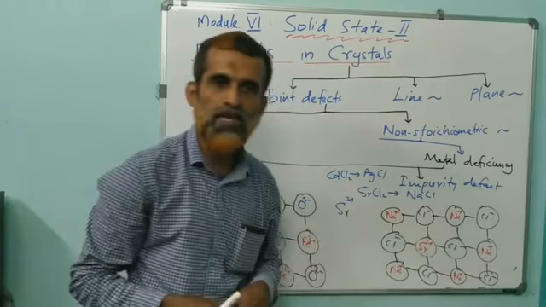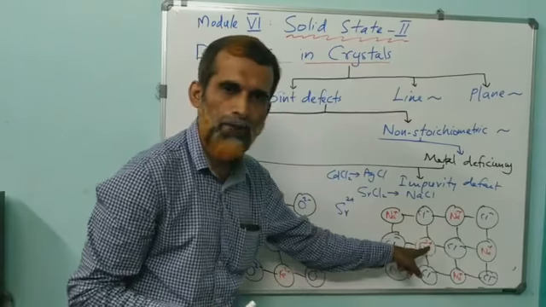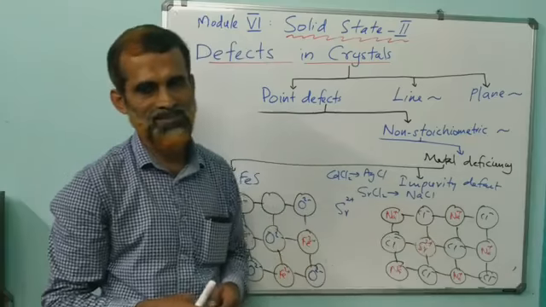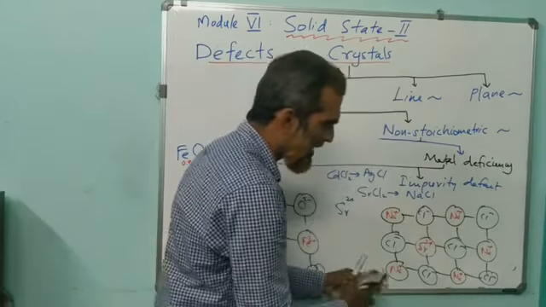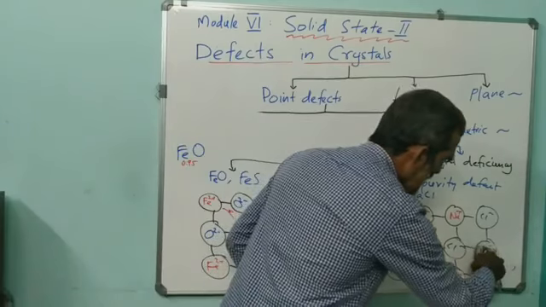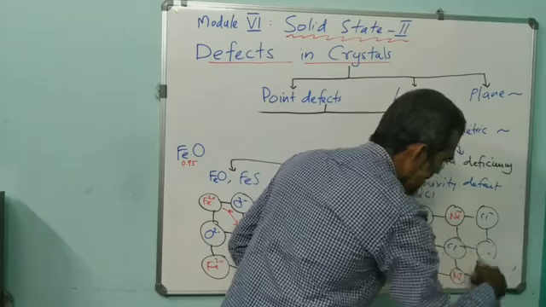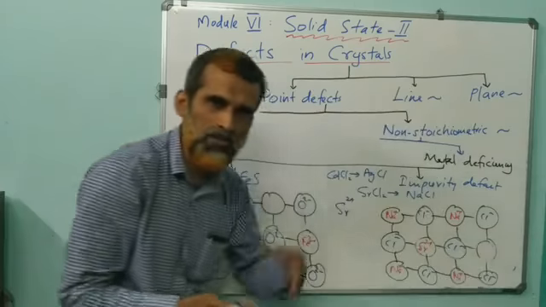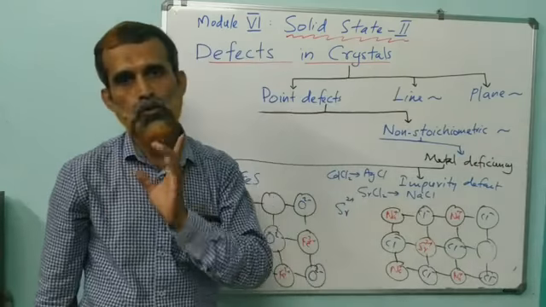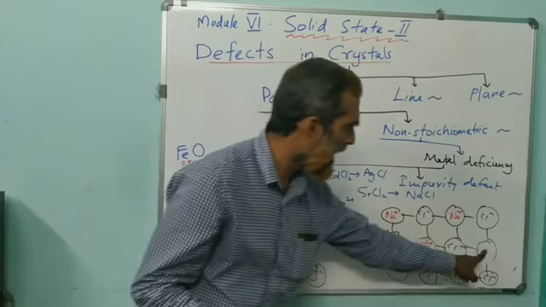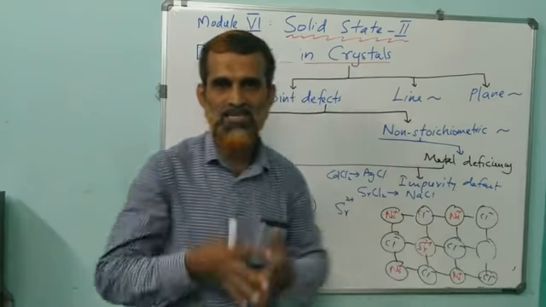So what happens now? There is an extra positive charge due to Sr2+. So it's to be balanced. For that, one Na+ will leave the lattice. One positive charge is reduced now. So addition of one Sr2+ is producing a cation vacancy. That is the net result.